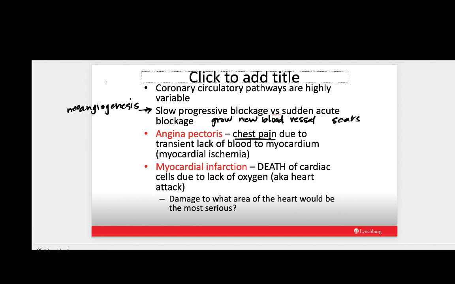You might see this with overexertion, so maybe somebody's out shoveling snow or walking up a hill, and they might say, oh, my chest hurts. That's because the myocardium has increased oxygen needs, but they don't have enough blood supply to that area to supply that tissue with the oxygen that it needs.